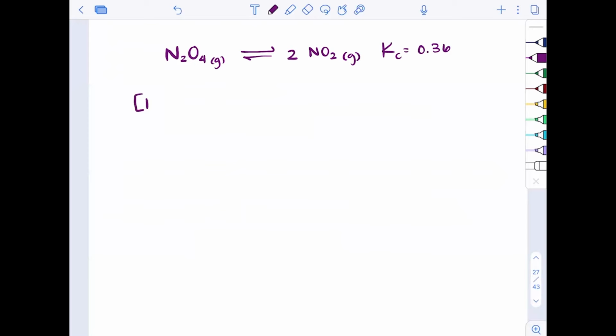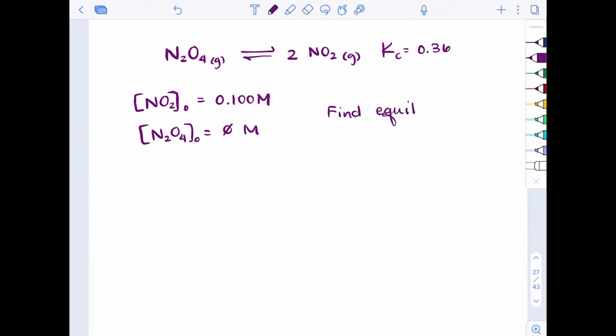If our initial concentration of NO2 is 0.100 molar, and the initial concentration of N2O4 is 0 molar, we need to find the equilibrium concentrations.